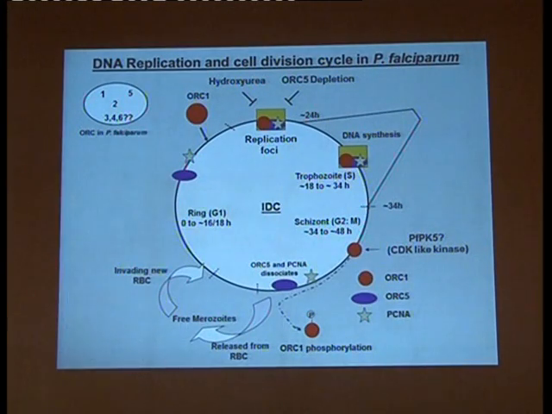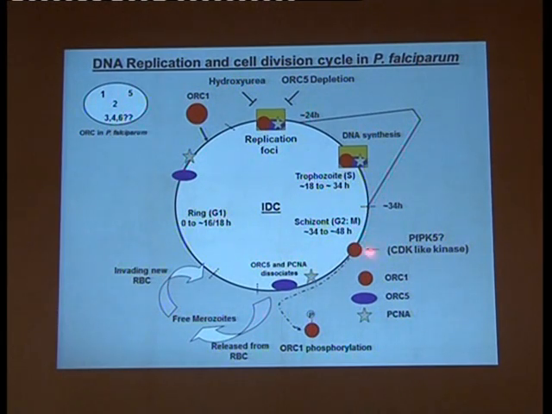So what we believe is happening is that if you look at this, this is the cell cycle, where the ring stage is compared to the G1 phase, or preparatory stage before DNA replication. These proteins are there. As soon as the DNA replication starts, all these proteins come together at these replication foci. DNA synthesis goes on. But remember, the parasites keep on dividing.